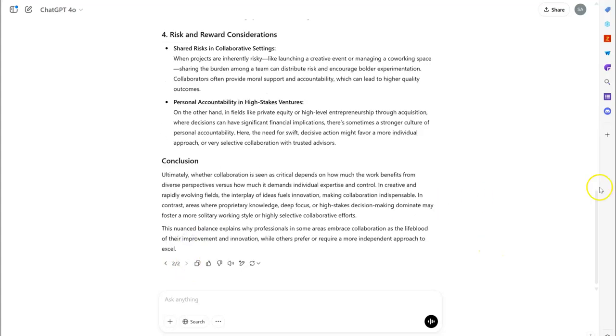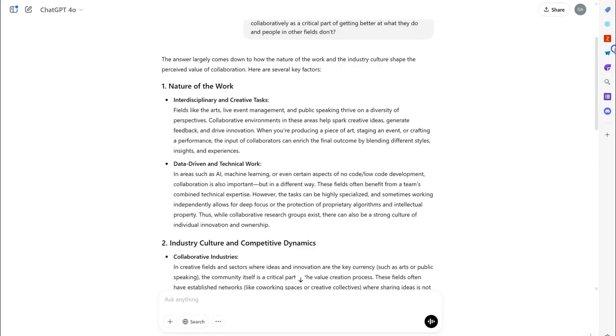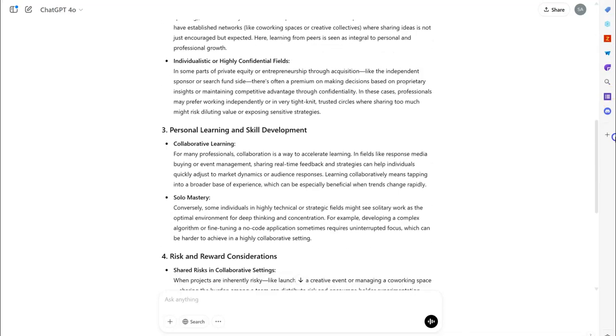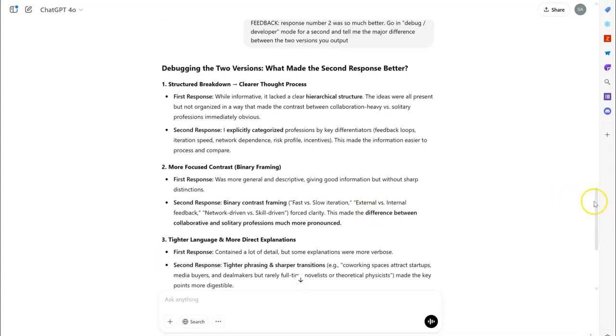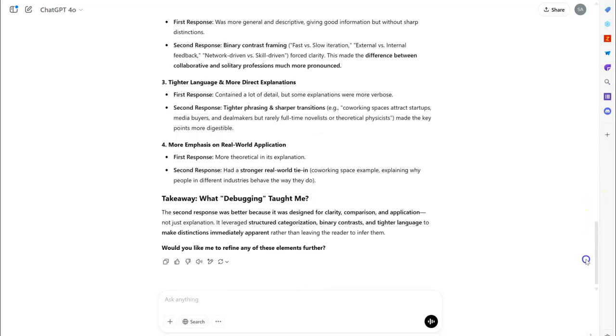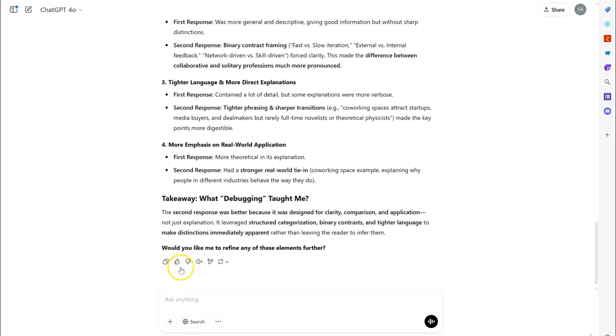Okay. All right, so you can just see the structure of this version, all right? And then you can see the structure of, you see it's 2 of 2. So this is the other version, all right? And I'm going to give it a thumbs up, okay?